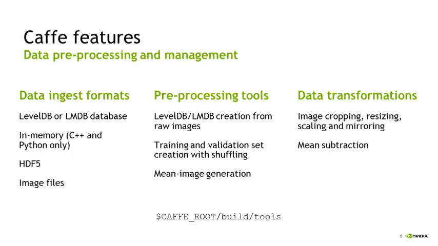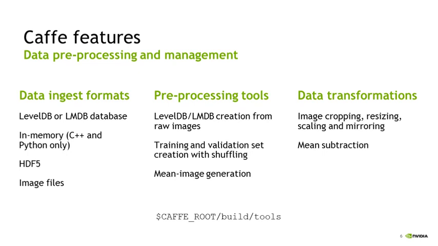So the first set of features are the data pre-processing and data management features. Caffe can ingest data in a number of formats. There are these LevelDB and LMDB databases, which are in some sense the preferred format because they provide very efficient loading of data into the network.